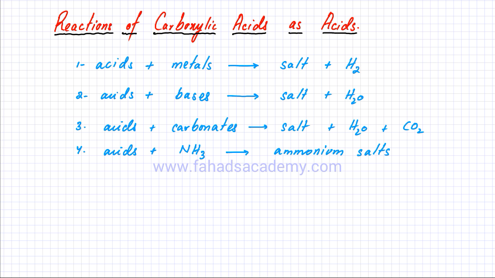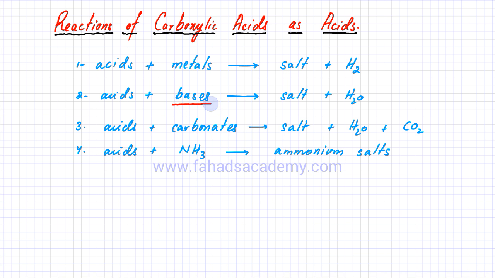Before going on to understanding what those reactions are, we need to understand what is meant by a few terms that we discussed here. We're revising what we did in acids, bases and salts. The first thing is, what is a base?